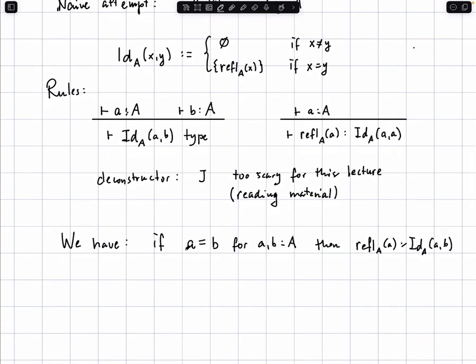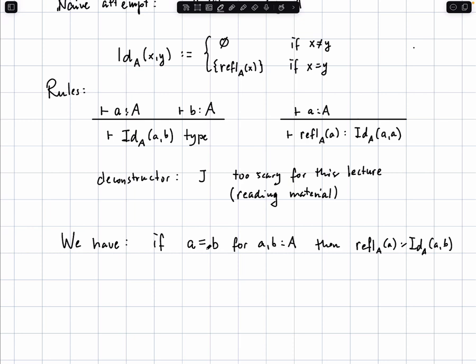Because one of the important rules, I did not spell out the rules for equality the last time, but if we wrote them down, we would write down 4 rules. We would say it's reflexive, it's symmetric, it's transitive, and we would have a very important rule, the substitution rule, which would say if you prove that 2 things are equal, you can replace one with the other anywhere you like.